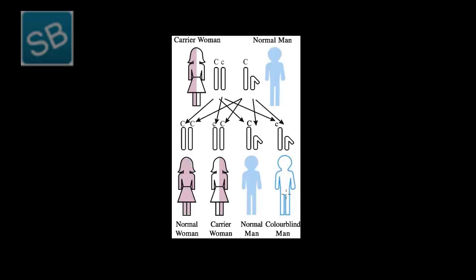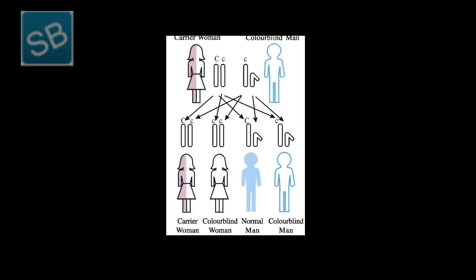Similarly, let us take another example where a cross is made between a carrier woman and a color blind man. The cross between the two will lead to color blindness in offspring in exactly a 50:50 ratio. That is, the offspring would contain color blindness in both man and woman, and a single carrier woman would exist and one normal man.